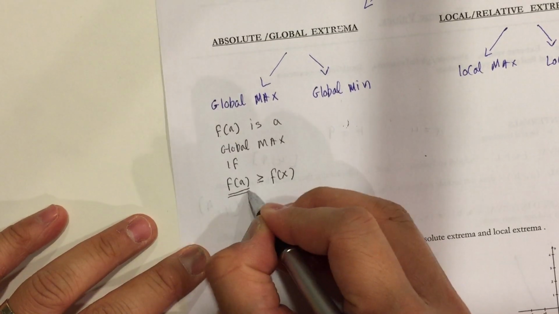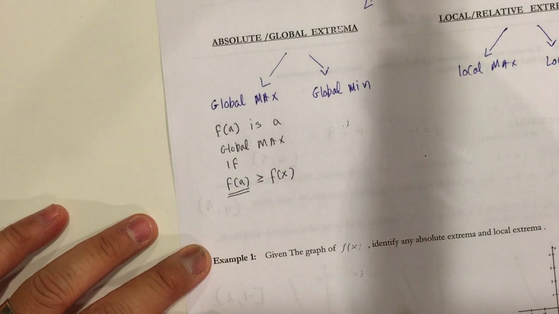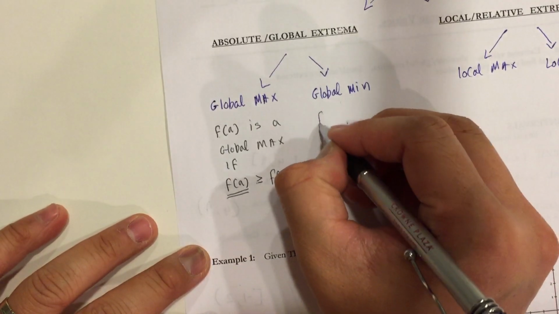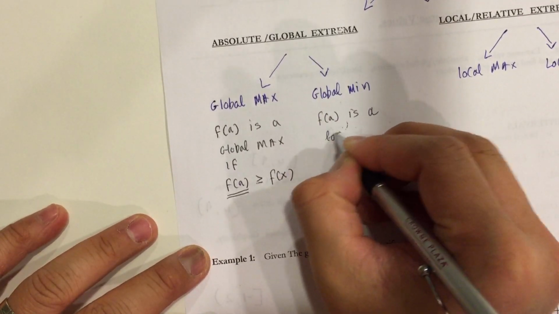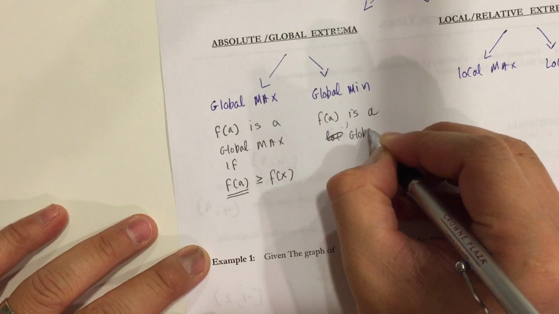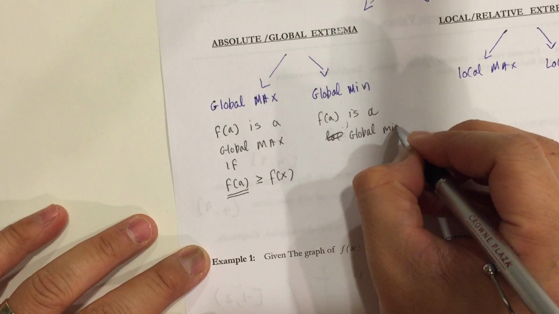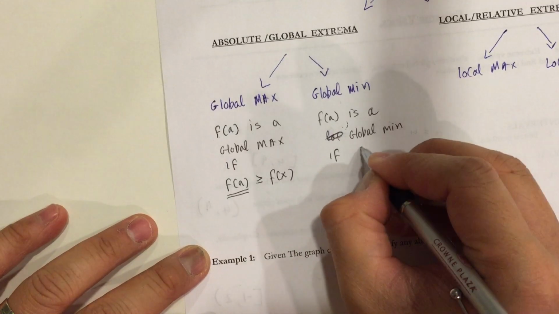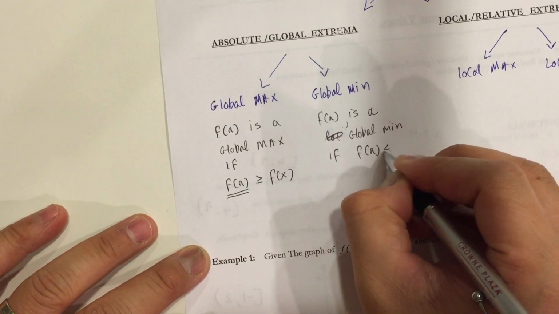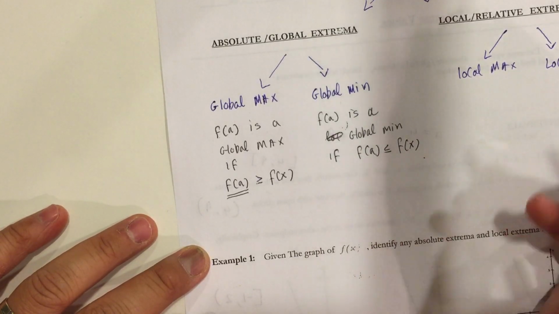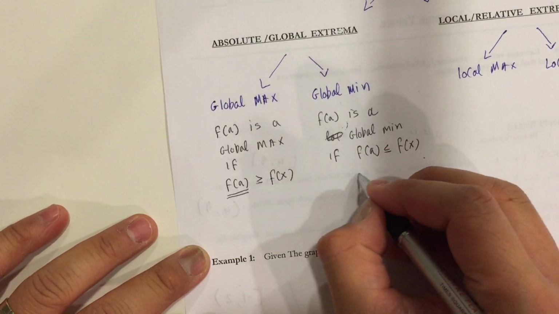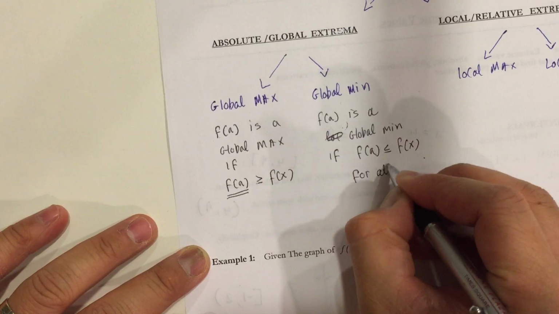So this is the largest value of all the values. f of A is a global min if f of A is the smallest value compared to all the y values in the function. So maybe we can say for all x.